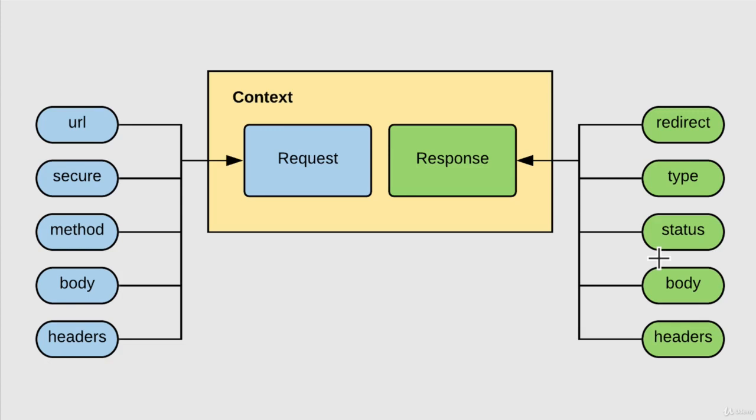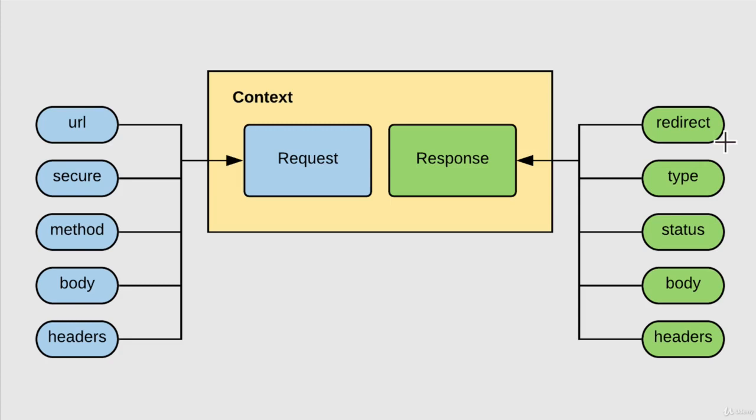The important part here is getting acquainted with this context object and the various pieces of the request and response that we can manipulate in our Oak middleware. So we also have a content type on the response, and the redirect method, where we can redirect that response to another URL.